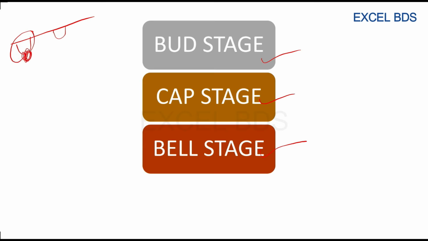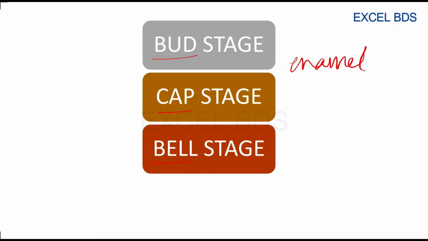So this enamel organ, as it goes on growing, it will assume different shapes. So based on that, the stages are named. First, it takes up the shape of a bud. So it is known as a bud stage. Then it assumes a shape of a cap. Then bell. So that's how morphologically the stages are divided based on the shape that the enamel organ assumes.